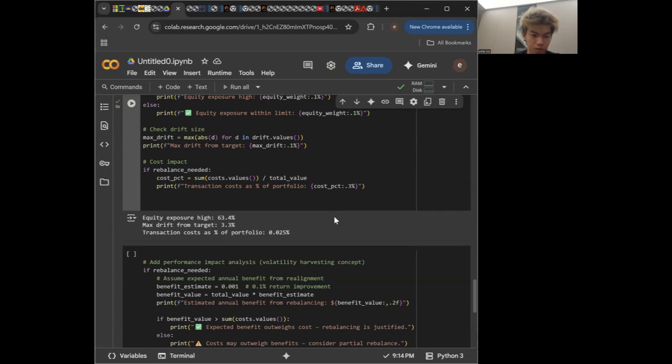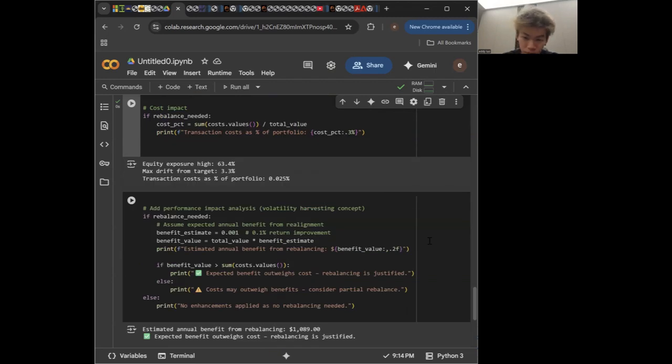I think rebalancing is essential, but it works best when we balance it with a check against the predicted benefit.